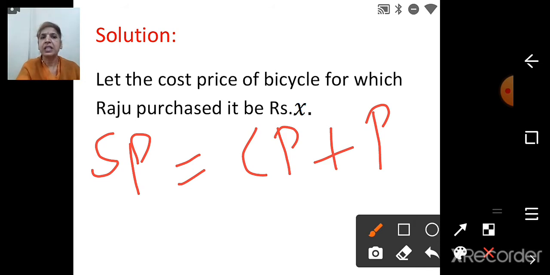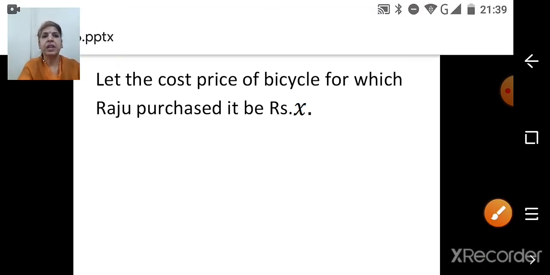And then this selling price of Raju is the cost price of Amit, right? Then Amit spent 54 rupees and he sold to Nikhil, and that is 1134 with no loss, no profit. So we'll continue.